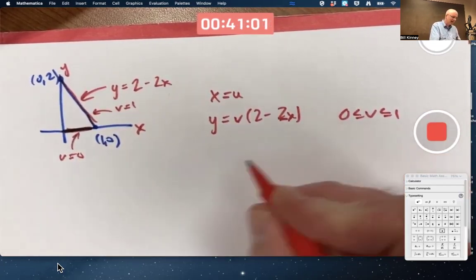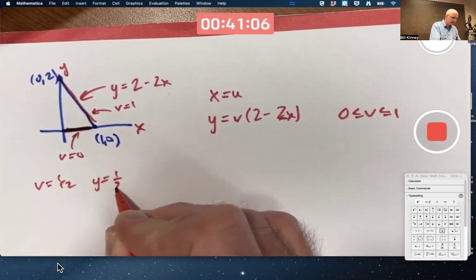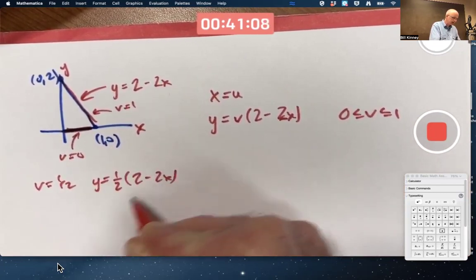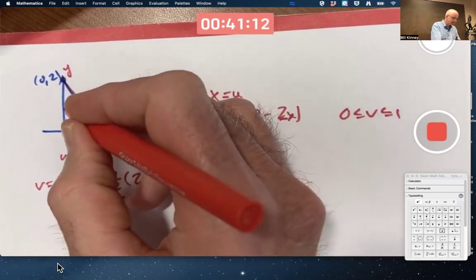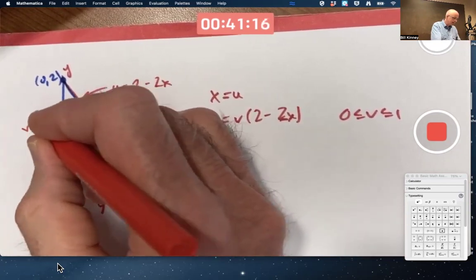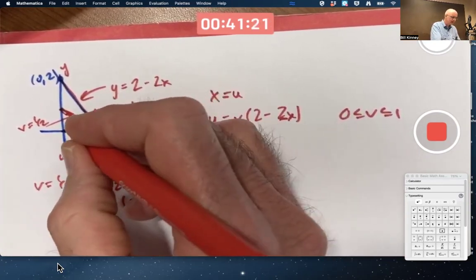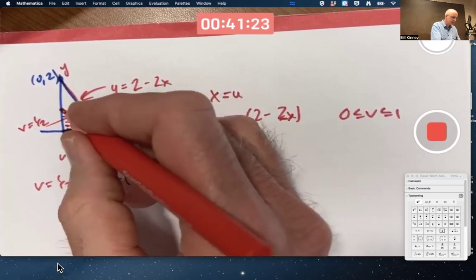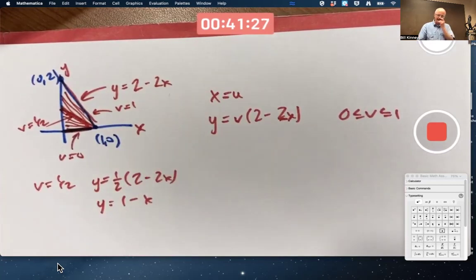Like if v is 1/2, you get the line y equals 1/2 times (2 minus 2x). In other words, y equals 1 minus x. You get this line when v is 1/2. And there are other lines you get for other values of v that are in between. Effectively, as v increases from 0 to 1, you make this triangle by making a bunch of lines like that put together. So that's x and y.